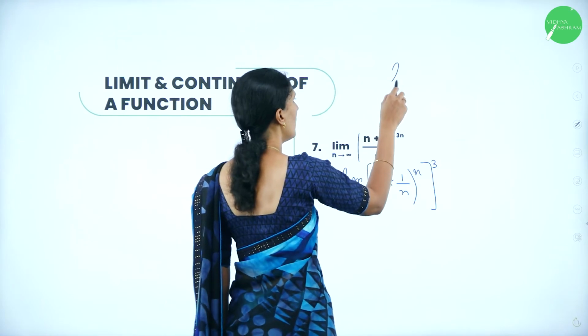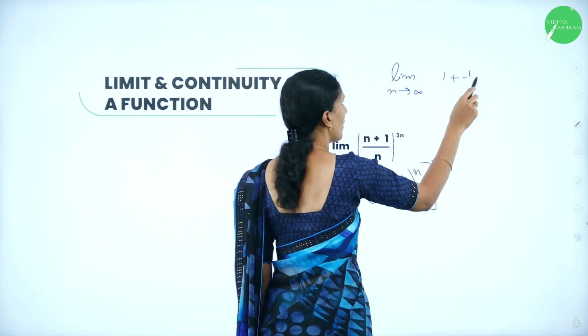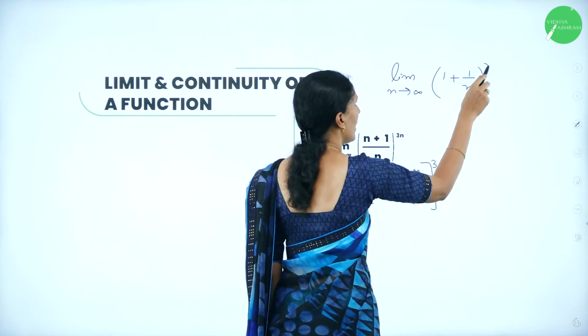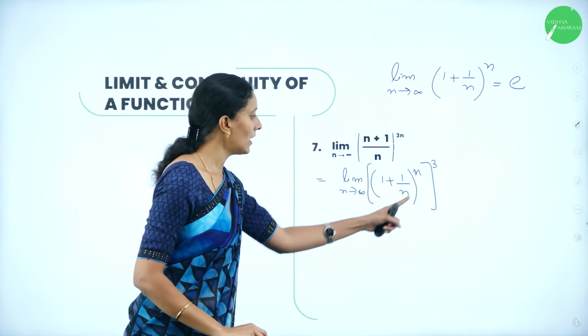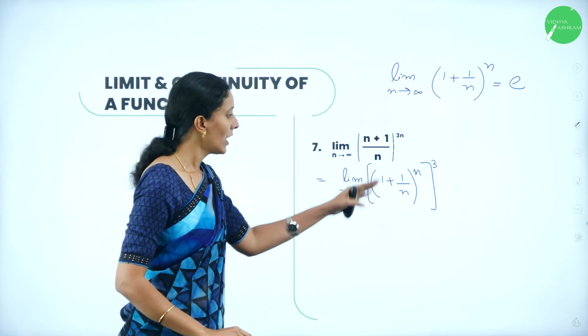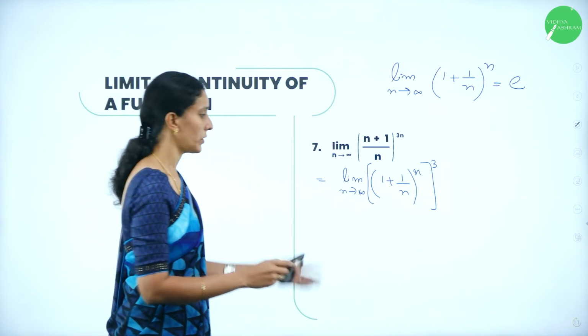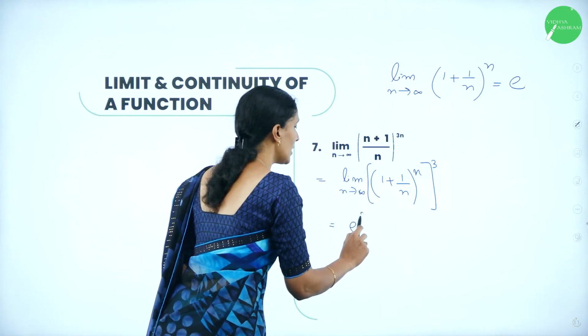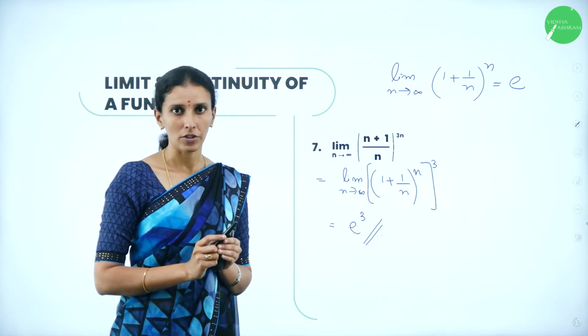This is of the form limit as n tends to infinity 1 plus 1 by n whole to the power n is equal to the value e. So this is the standard limit whose value is equal to e, and it is repeated 3 times. So therefore it is e into e into e, whose value is e cube. So this is the value of the limit of the function.